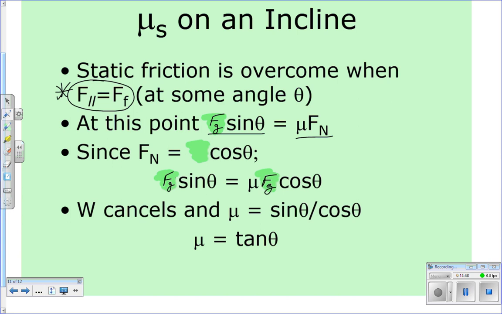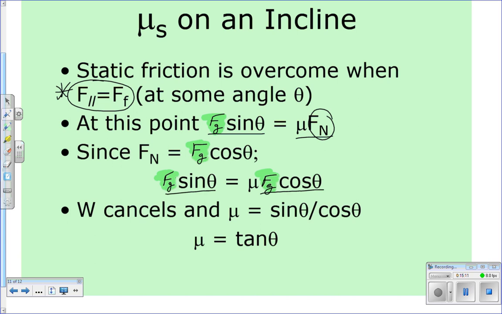Now, Fn is equal to Fg times the cosine of the angle. So we can substitute that in for Fn, and we'd have Fg times the sine of the angle is equal to mu times Fg times the cosine of the angle.